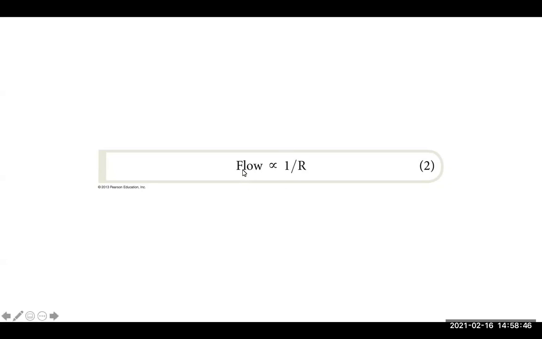So here's your first: flow is directly proportional to 1 over resistance, right? So while flow goes up, resistance goes down and vice versa. So there are 3 components that affect the fluid flowing through the tube: again, the radius of the tube, the length of the tube, and the viscosity, which is the Greek letter eta.